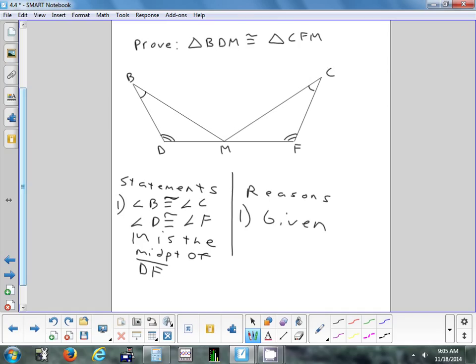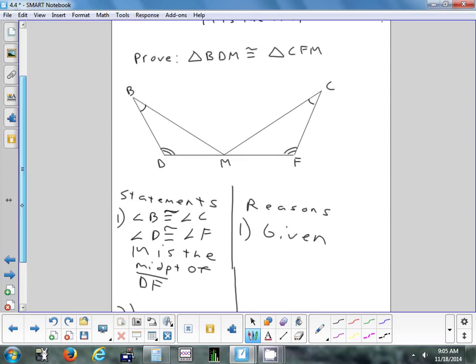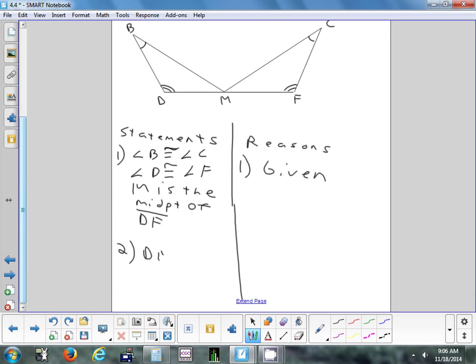Okay, as far as saying angle B is congruent to angle C and angle D is congruent to angle F, that's pretty much all you can say with those statements. But the midpoint one, we have to come up with another fact from that. DM is congruent to FM. Yep, DM and FM. So he said that in exactly the right order.